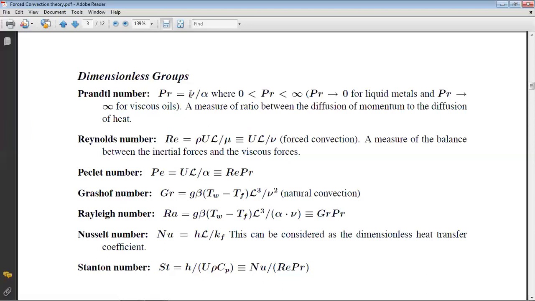The next dimensionless number is the Grashof number, which is defined as the ratio of buoyant force to viscous force.